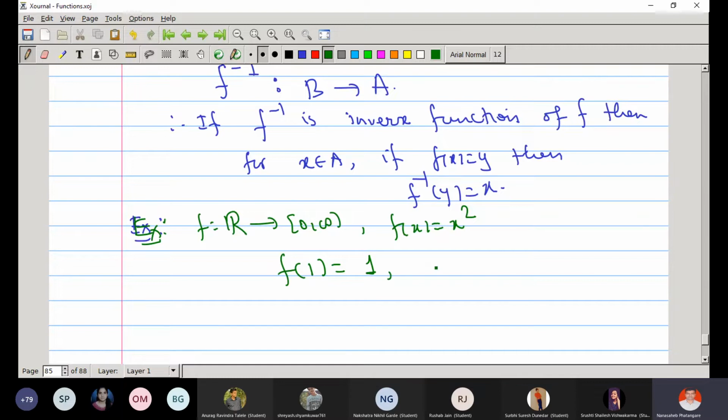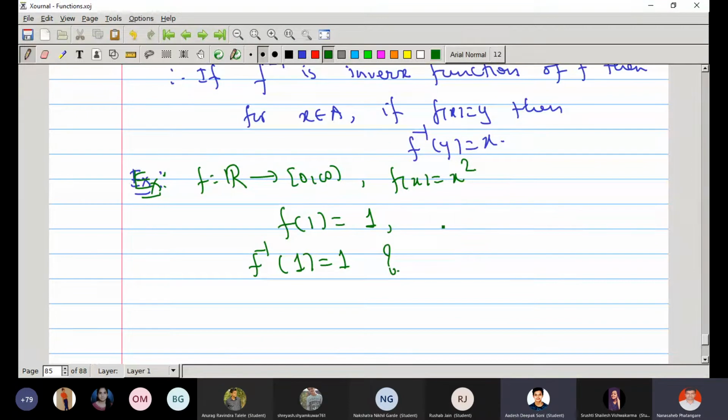Now, what is the inverse function f inverse? Can I say that f of 1 is 1? Is it true? Yes. You observe that f of minus 1 is also 1.